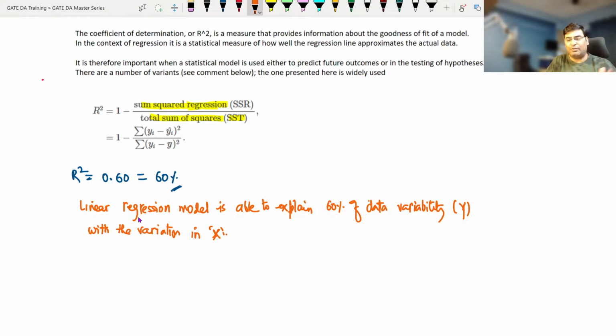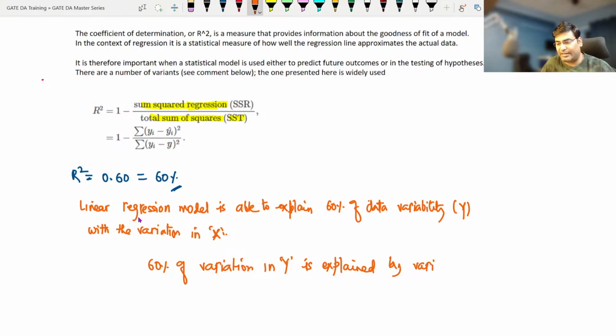So in simple English, it explains 60% of the variation in y. A simple one-liner: 60% of variation in y is explained by variation in x.